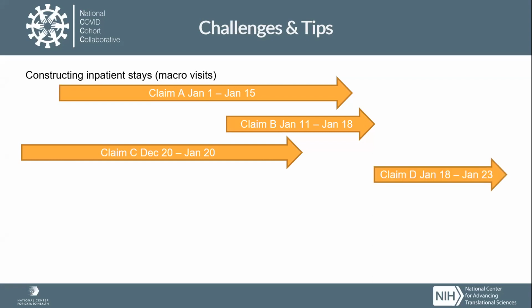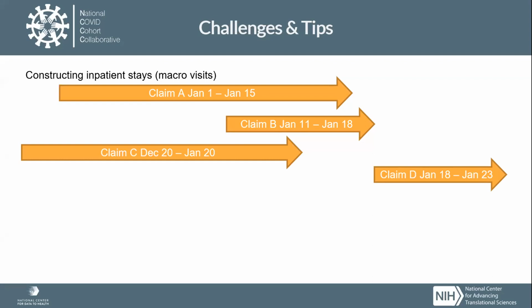And then even a fourth claim that isn't really an overlap, but occurs on the last day of the first claim, or the maximum date of the first claim, if I put those three together. And so if I want to take all these, say these are all inpatient claims, at least the first three aren't three different inpatient stays.